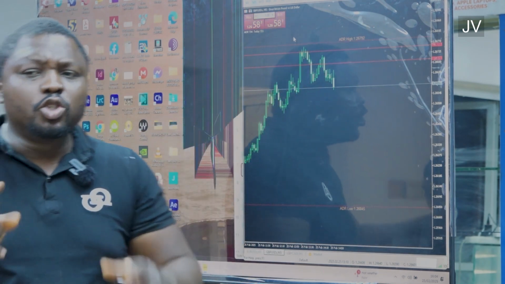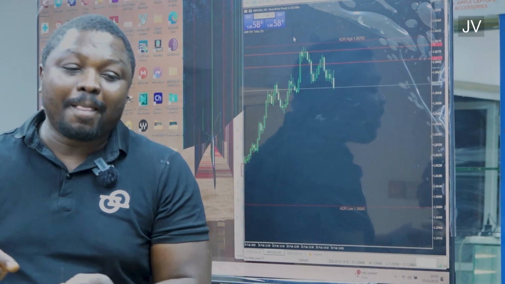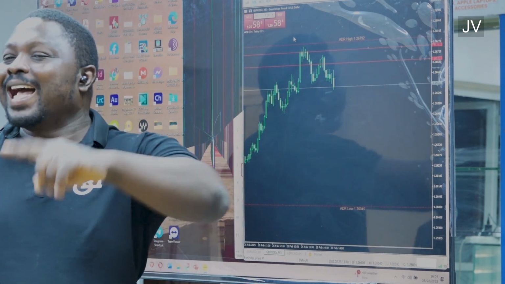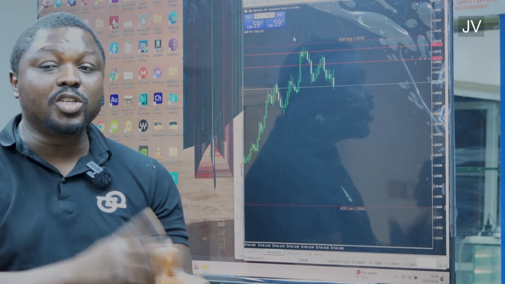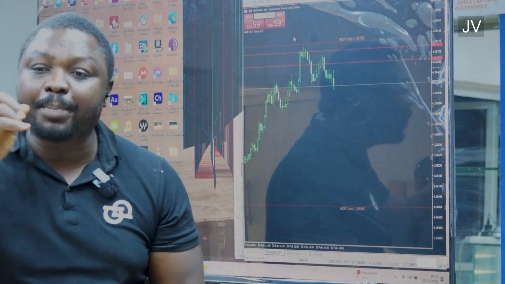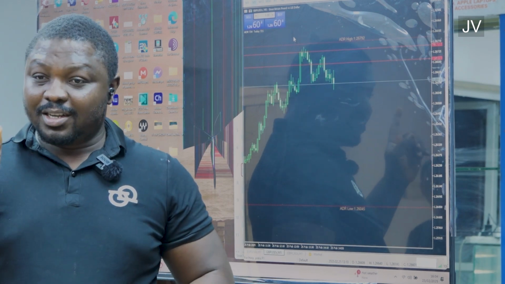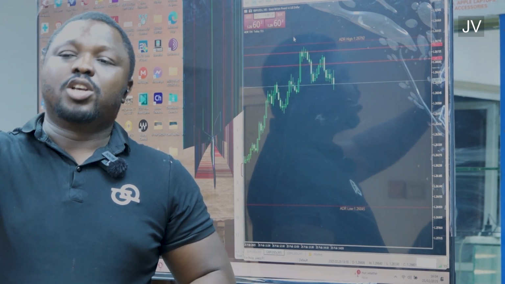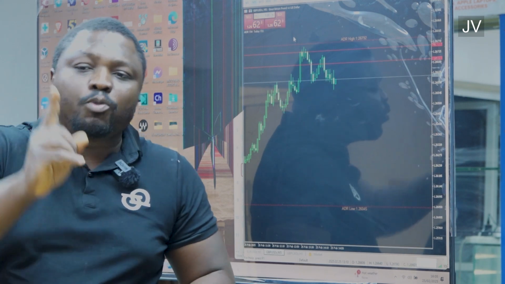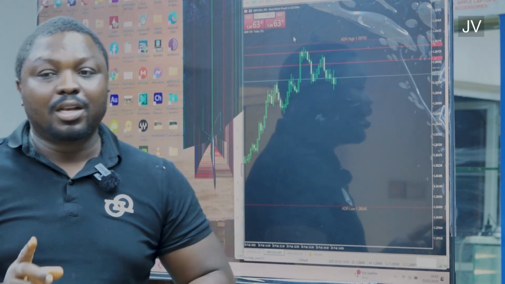Now, if you use one lot on that account on GBP USD, it means that you are risking $10 per pip. So if it goes in your favor, every pip will be $10.